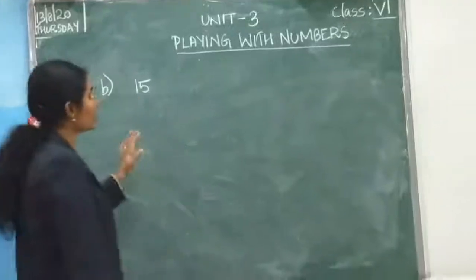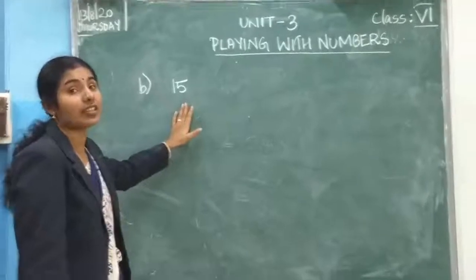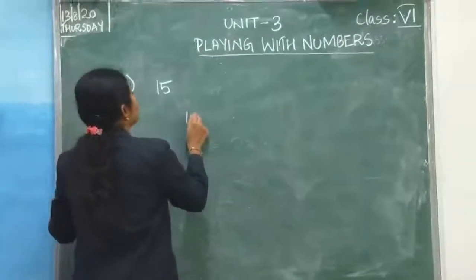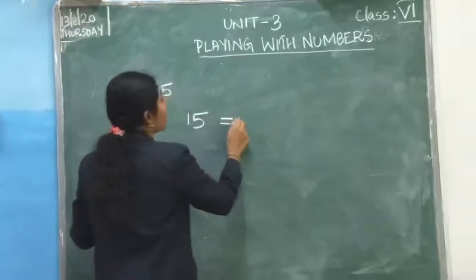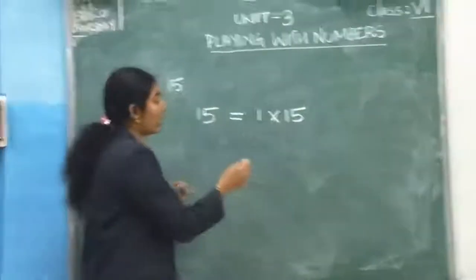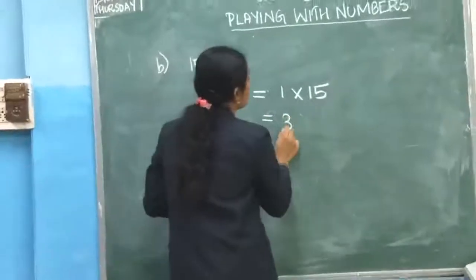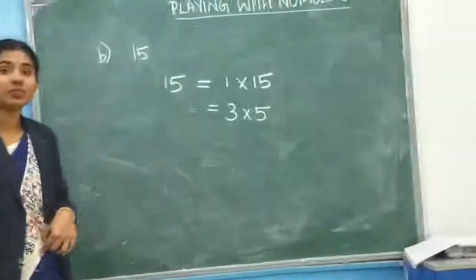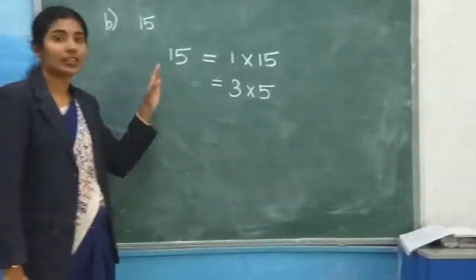Second question. See what the second question is. The number is 15. How will you get 15? 1 multiplied by 15, and then 3 multiplied by 5. Any more? Only this much is there.